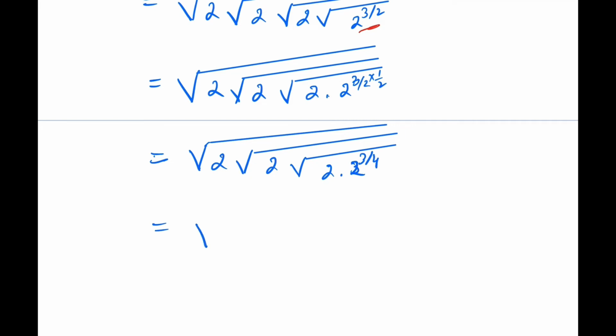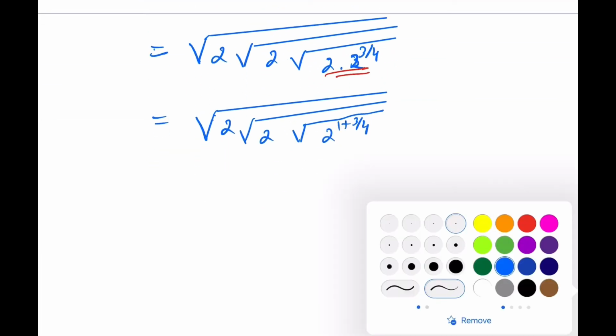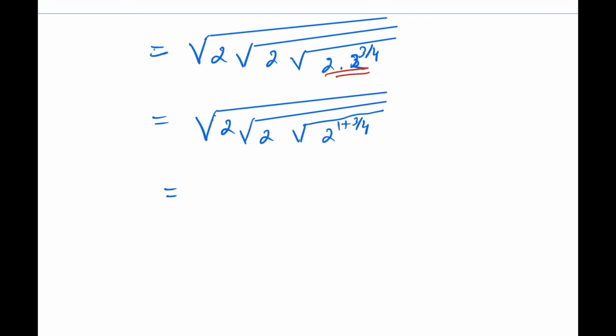Now this is equal to square root of 2 square root of 2 square root of, now we can write this as 2 raised to the power 1 plus 3 by 4. Now this is equal to square root of 2 square root of 2, and now this we can write under root 2 raised to the power 7 by 4.